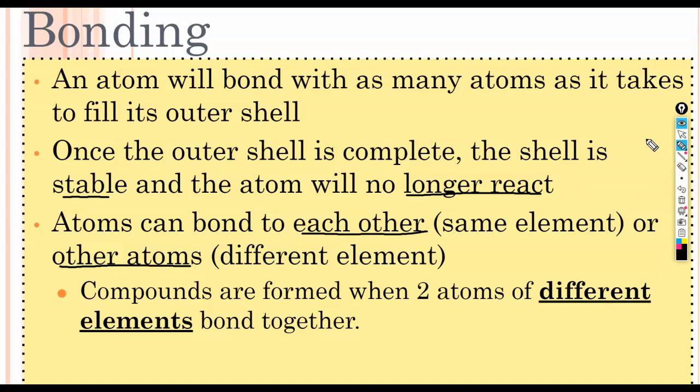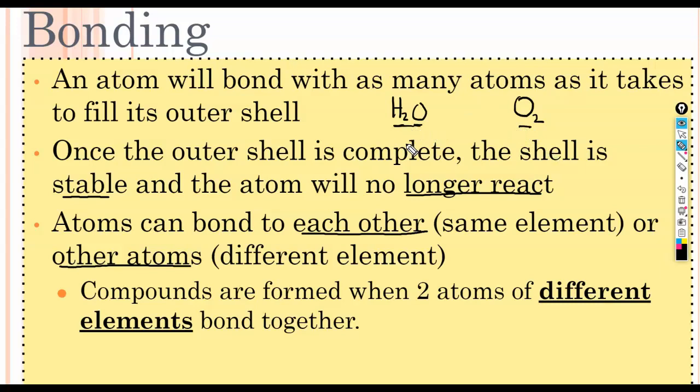Just to give you an example, when you talk about water, water is H2O. In this case, we have hydrogen sticking with oxygen, right? Those are two different elements bonded to each other. But there's also a possibility that you have two oxygens bound to each other. So atoms can either bond to each other, like you see here, or they can bond with other types of atoms.